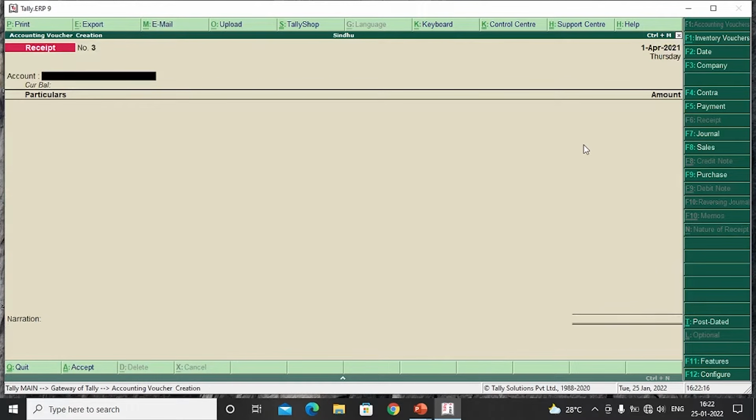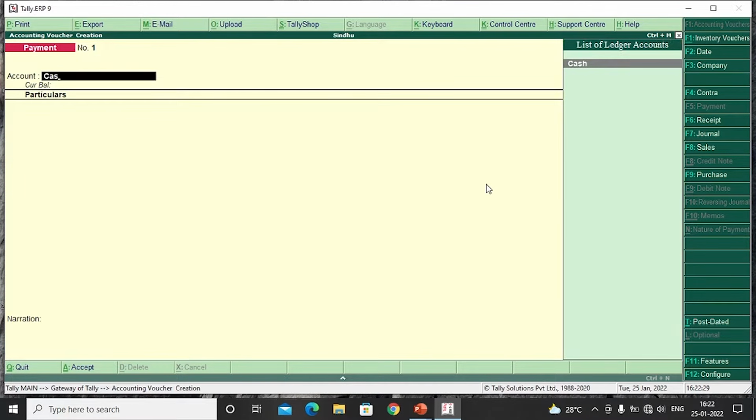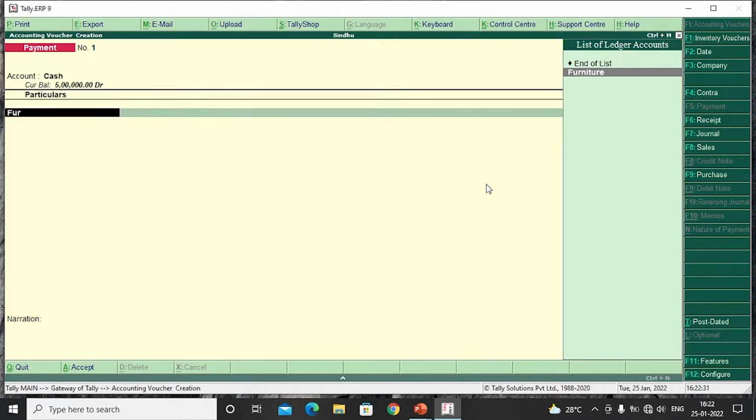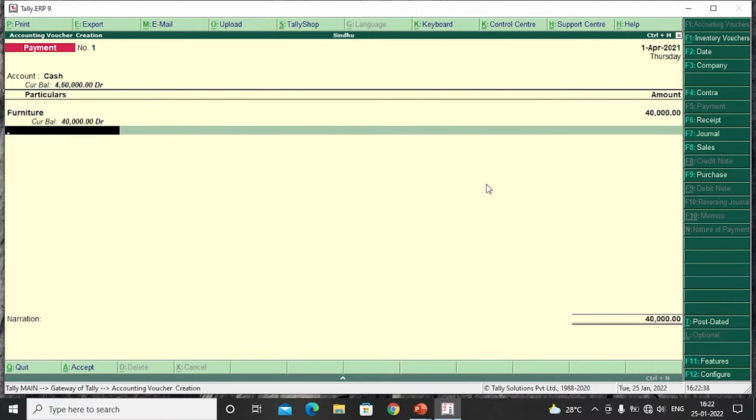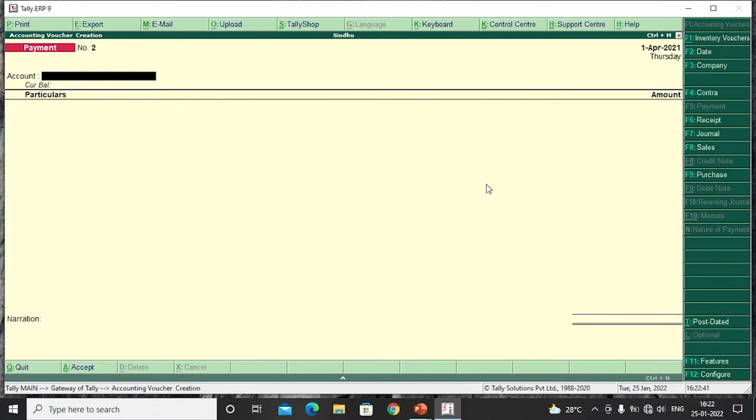Furniture purchased. Furniture purchased should be entered in a payment voucher, cash, furniture, 40,000. Press Ctrl plus A. Next, mobile purchased.